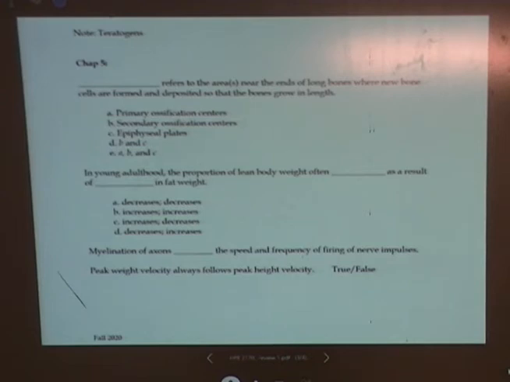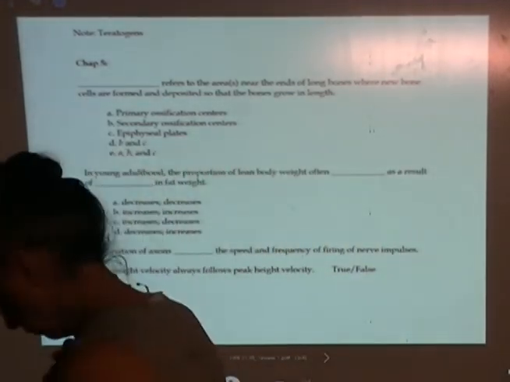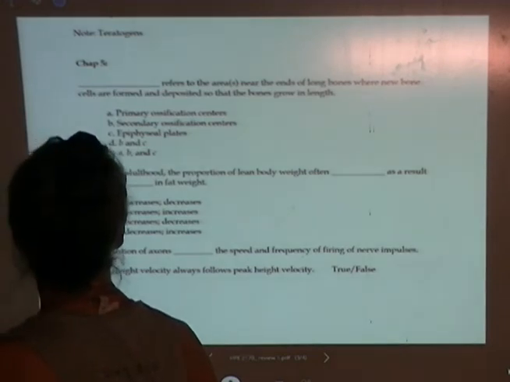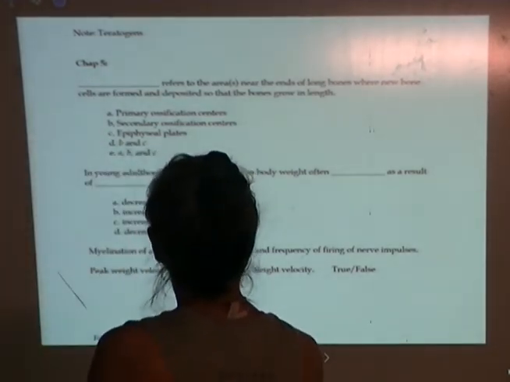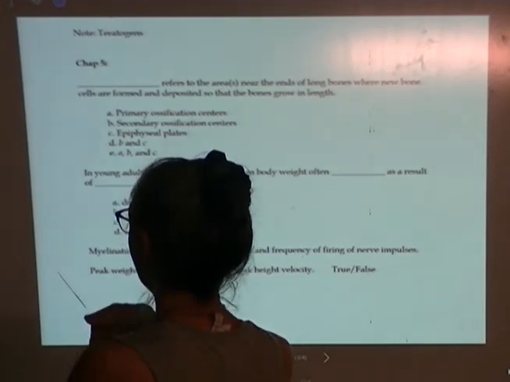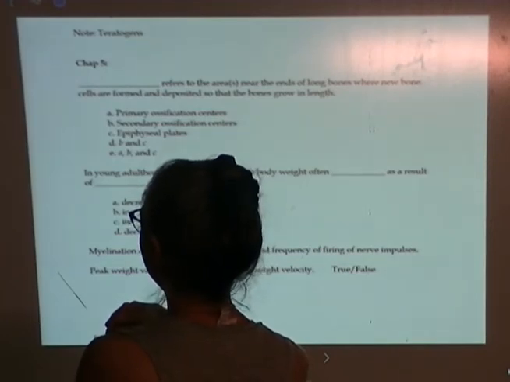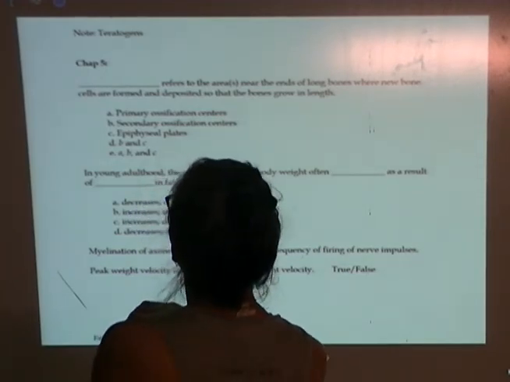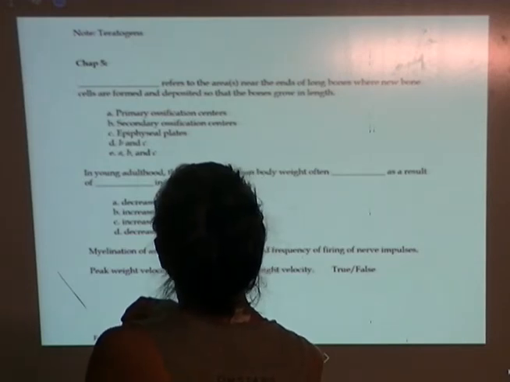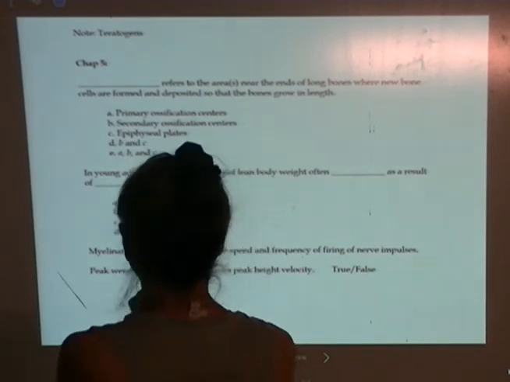D, B and C. E, A, B, and C. This one, I'm going to say it would be primary ossification centers, epiphyseal plates. Okay, that isn't an option. It's not? Oh, okay. Then specifically primary. Okay. Anyone else?